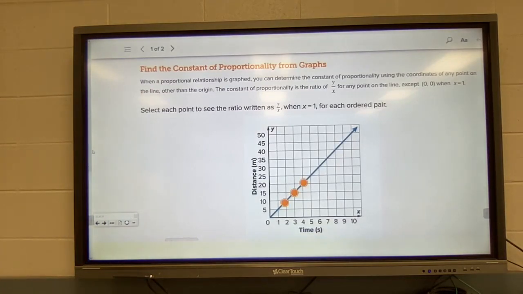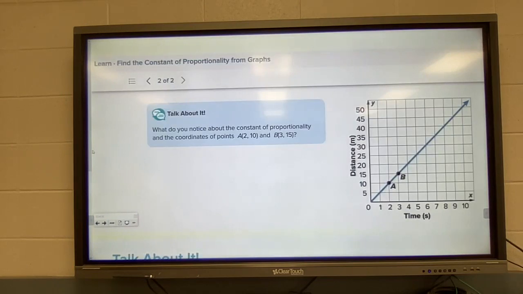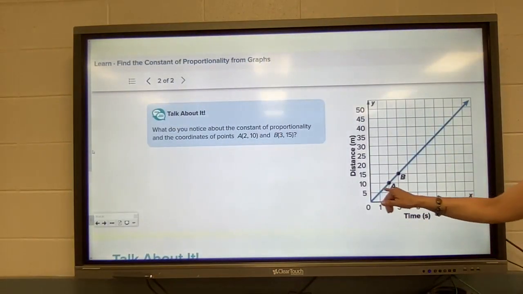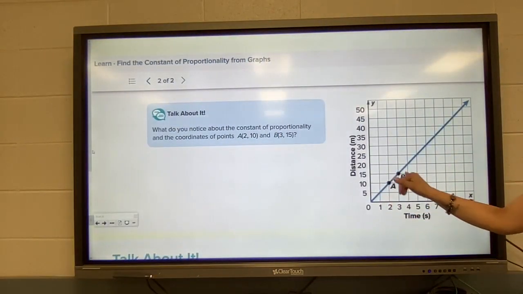All right, so let's look at this one here. Okay, we are going to find the constant of proportionality from the graphs. So same thing, we had 5 over 1, 10 over 2, 15 over 3. So what am I noticing?